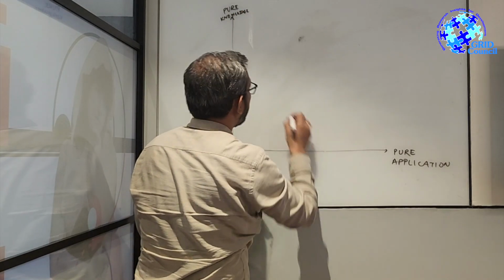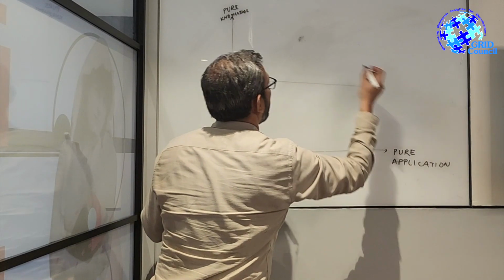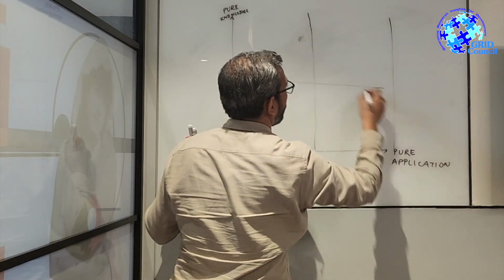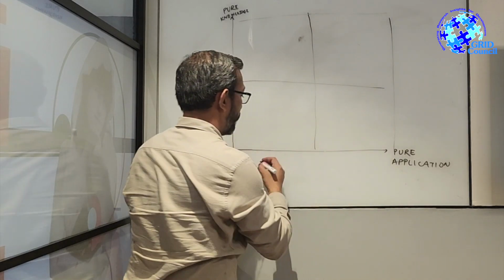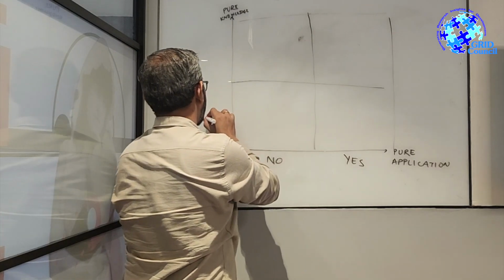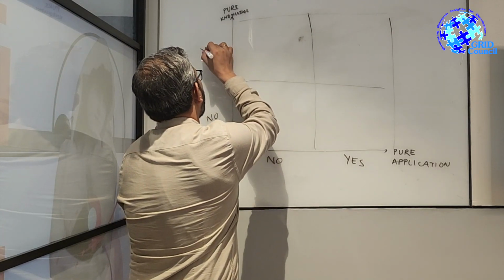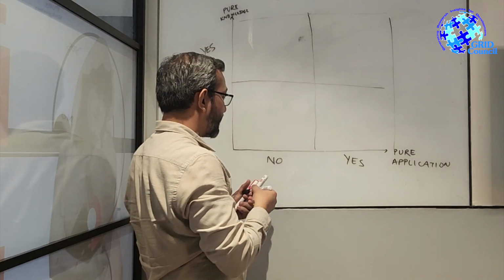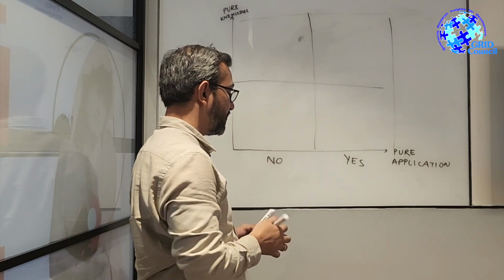Let us make it dichotomous. Now let us say someone lies in this quadrant over here.